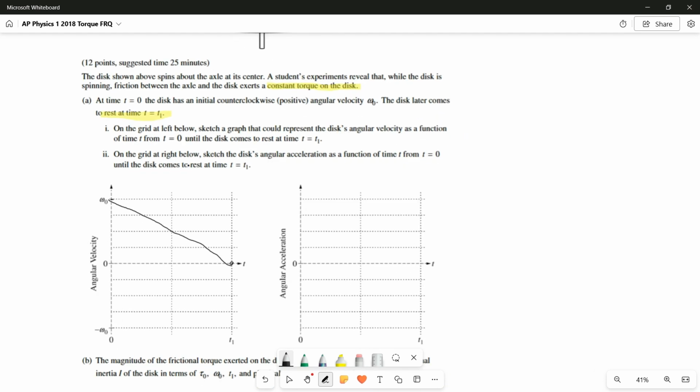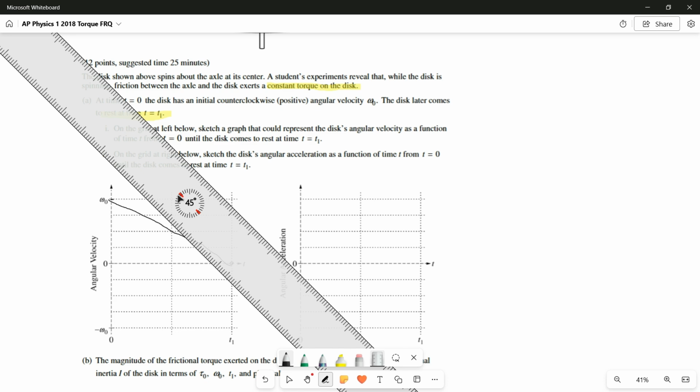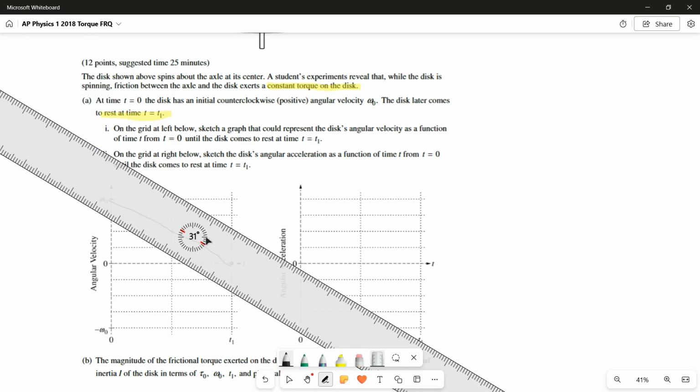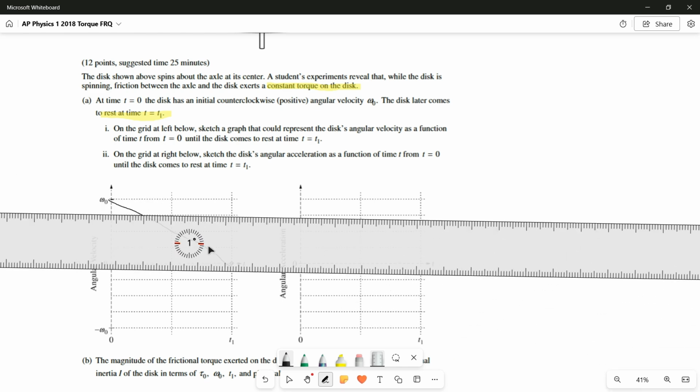Okay, now for the second graph, we know that the angular acceleration is negative because it's in the opposite direction of the angular velocity as defined by the problem. So we probably want to have a negative angular acceleration. Now we are lucky in the aspect that we don't actually have to deal with the relative scales of the problem.